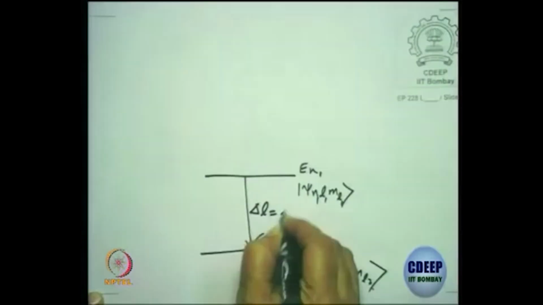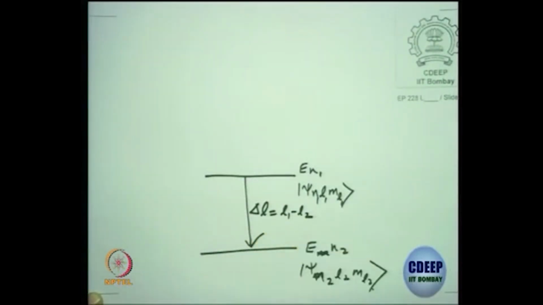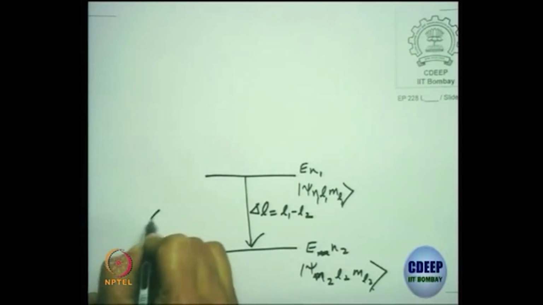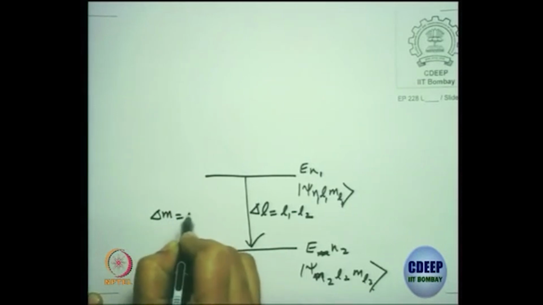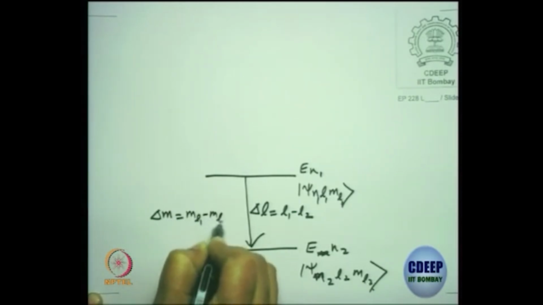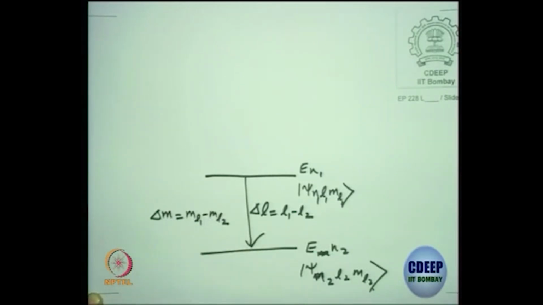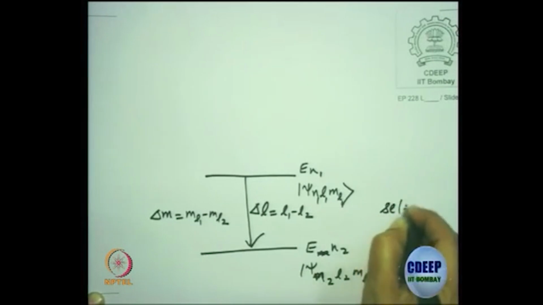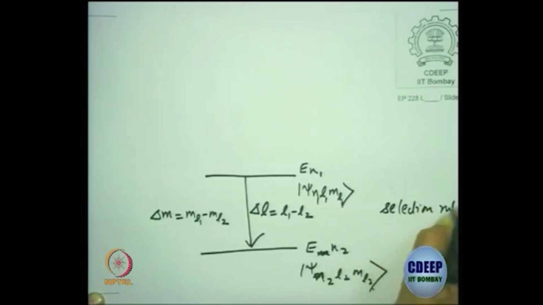So when is it possible? Delta L, which is L1 minus L2, what condition on it will allow this? Similarly, delta M, which is ML1 minus ML2, what are the conditions under which the transition will happen? This is what is called a selection rule.